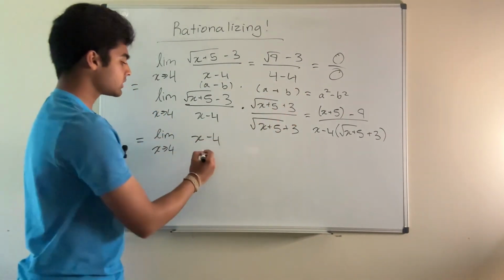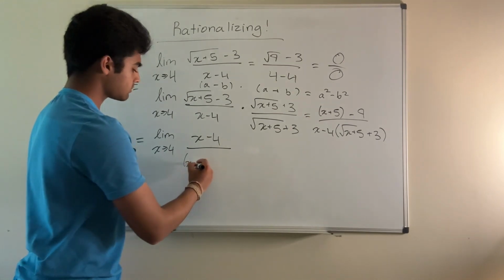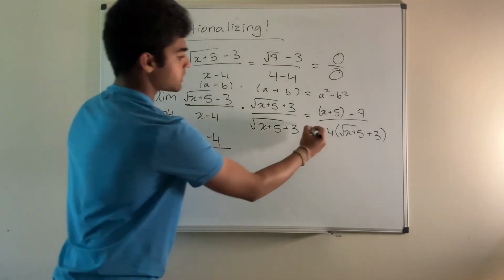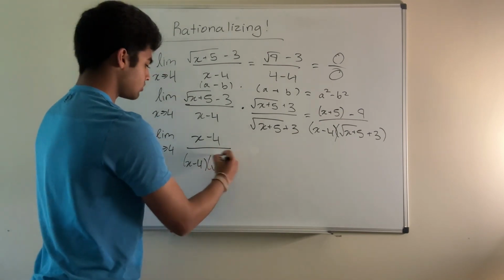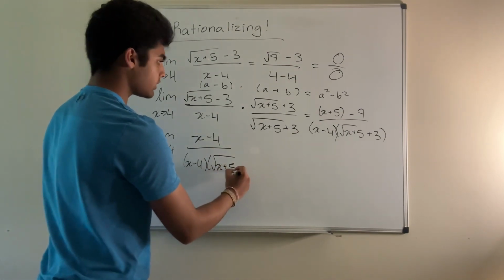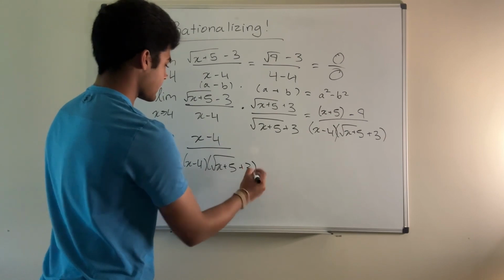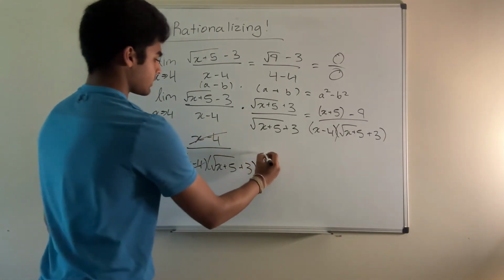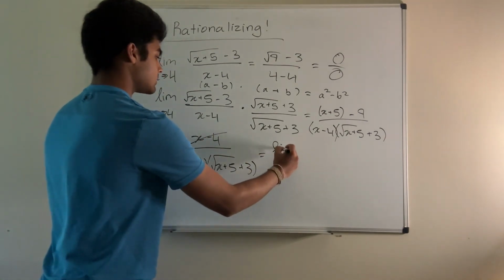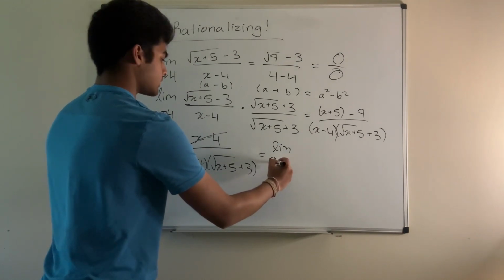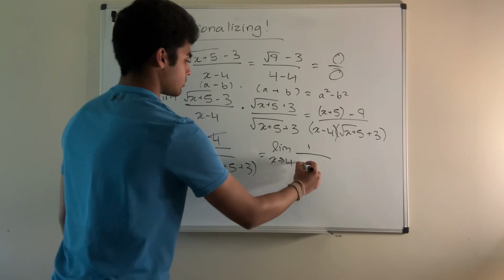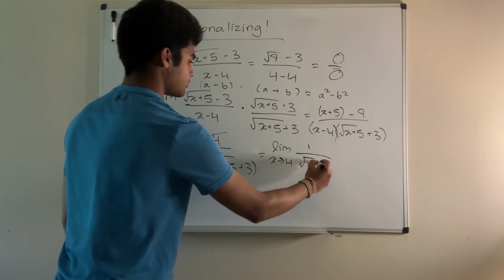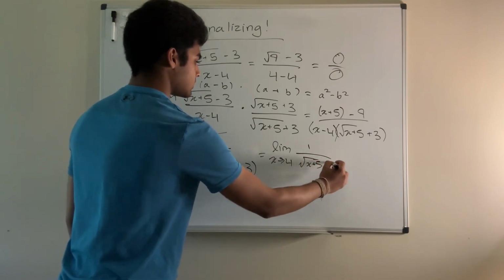So x minus 4 on the top over x minus 4 times (I forgot parentheses here) root x plus 5 plus 3. And then these cancel out, and we are left with the limit as x approaches 4 of 1 over root x plus 5 plus 3.